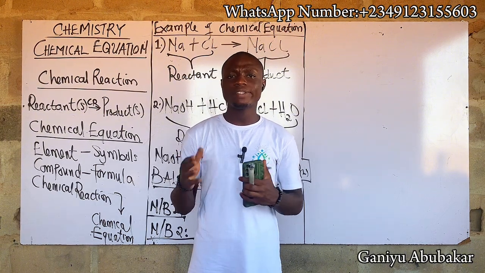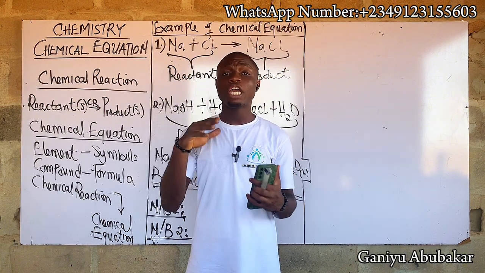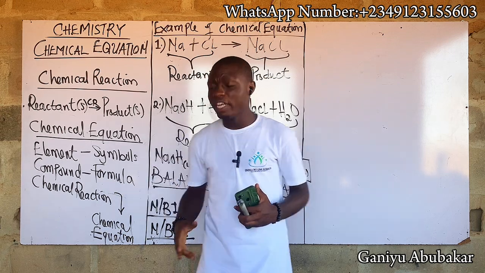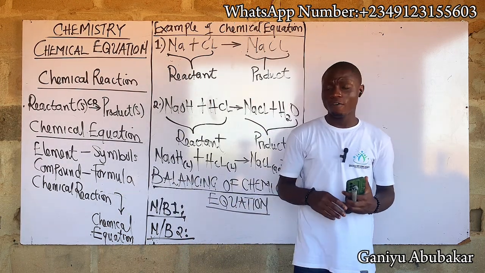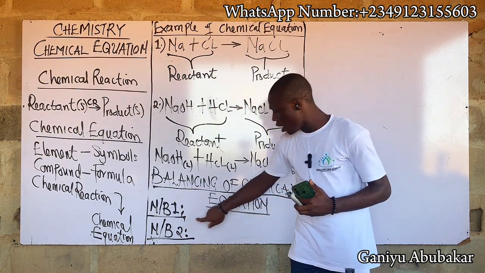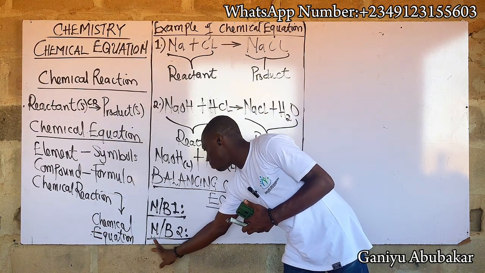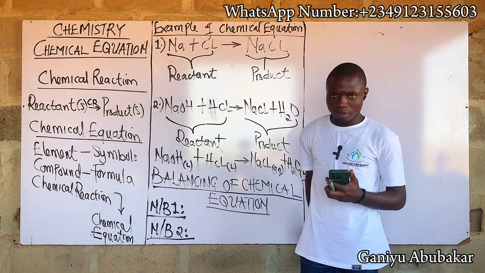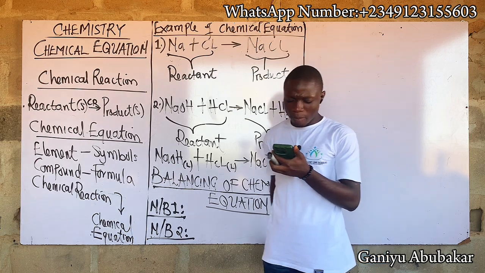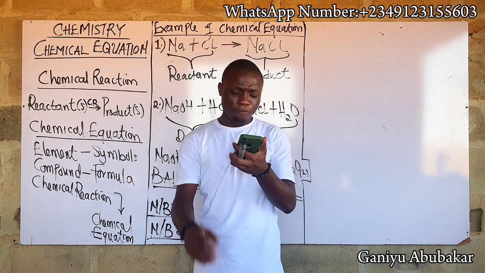Let's take a few examples on how to balance a chemical equation, and we're going to apply the two conditions for balancing a chemical equation. All right, let's start. Example 1 says, balance the following equation.